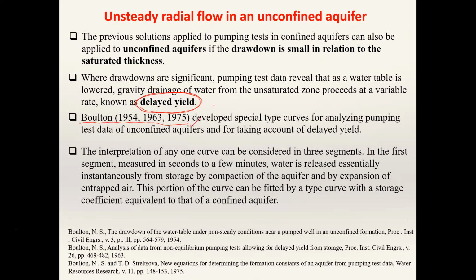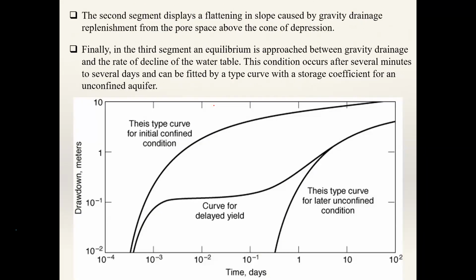He developed one solution, then he started improving that solution for the unsteady radial flow in an unconfined aquifer. All right. So this is what I'm going to discuss now. Now what happened? Actually, that behavior is like this. Very interesting behavior. So what happened? We have three regions here.